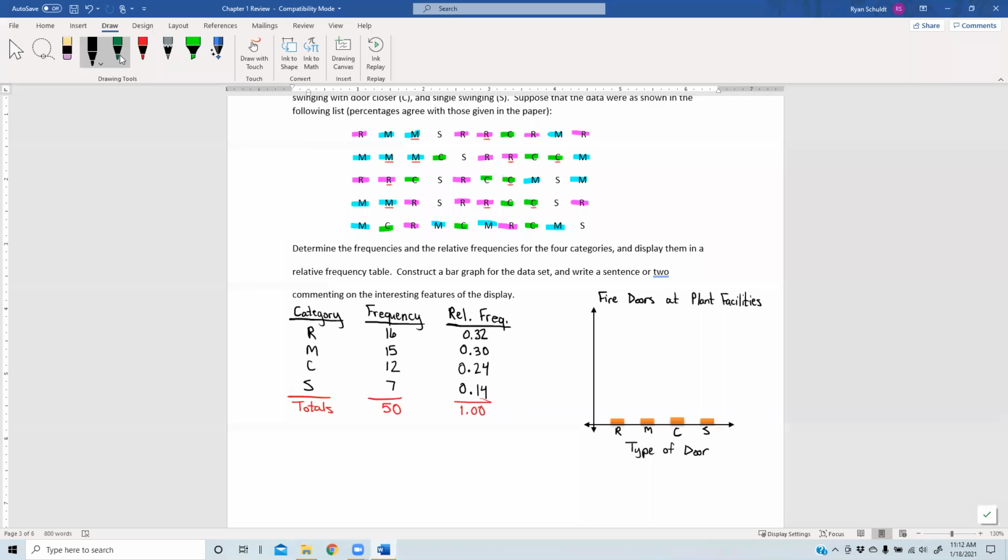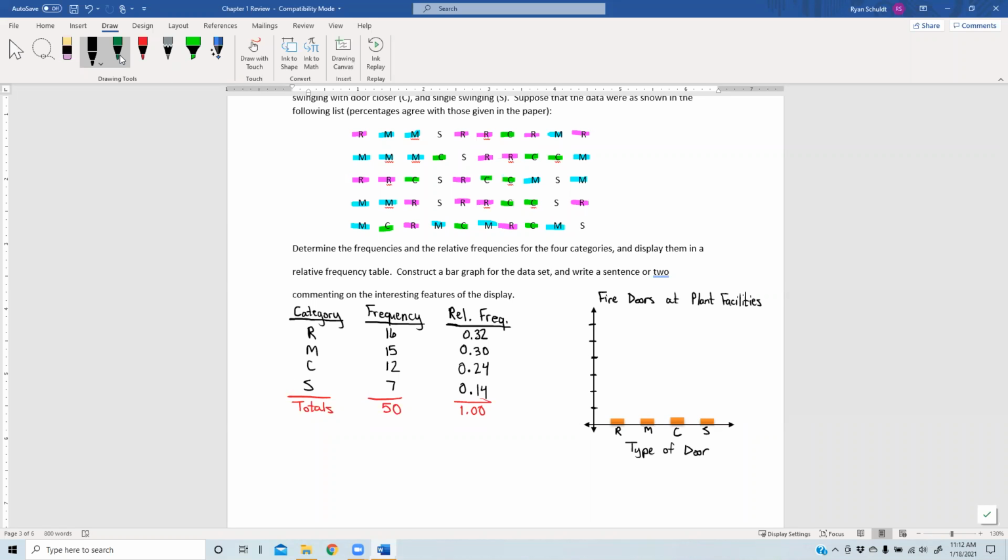So if we can count in increments of 0.05. So 5, 10, 15, 20, 25, 30, and then the top of our graph would be 35, which we don't need to go that high. So we're perfect.